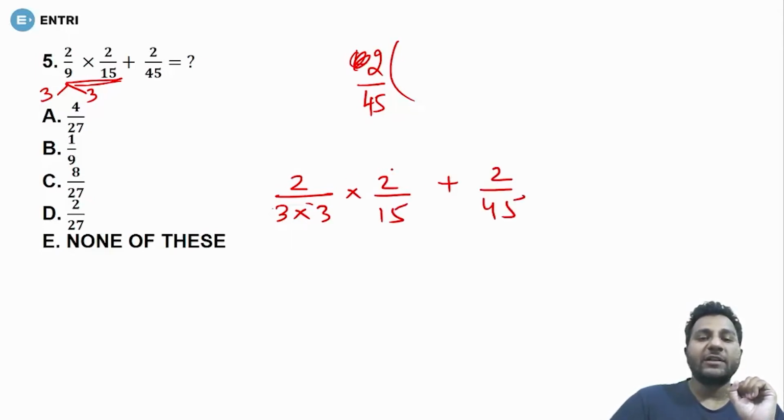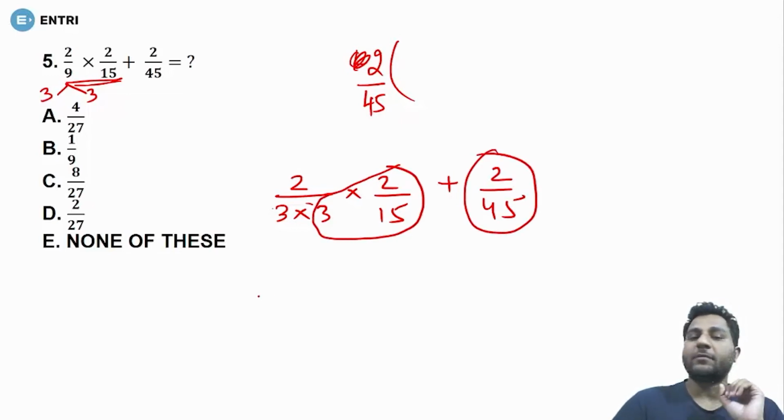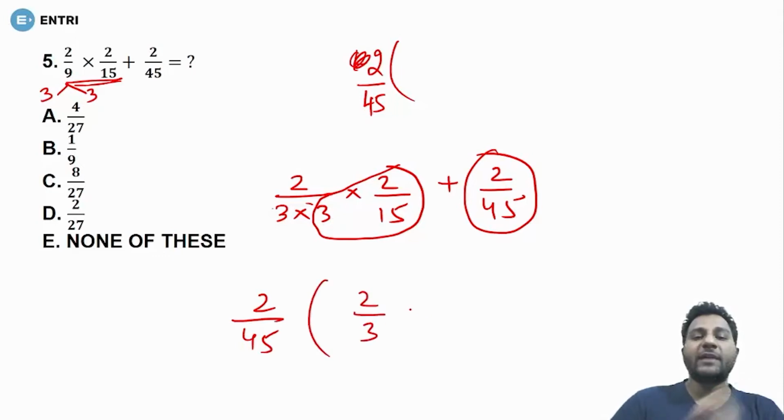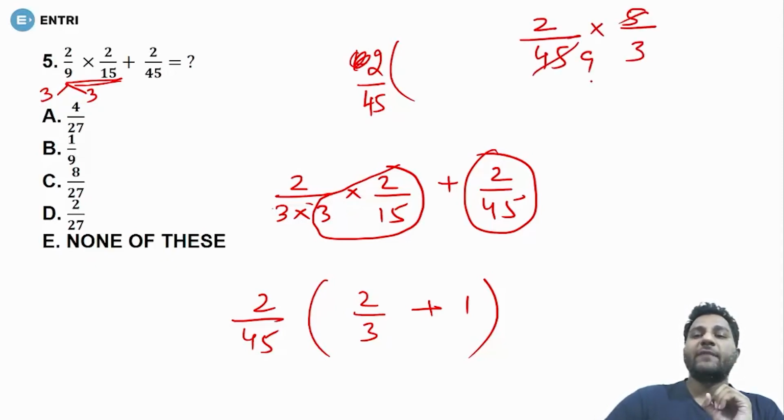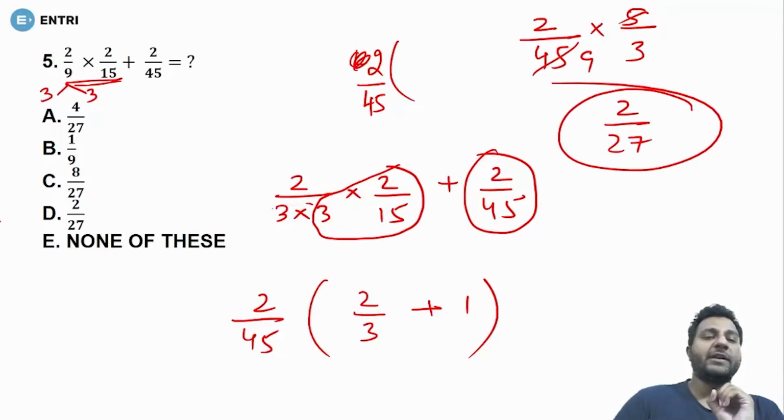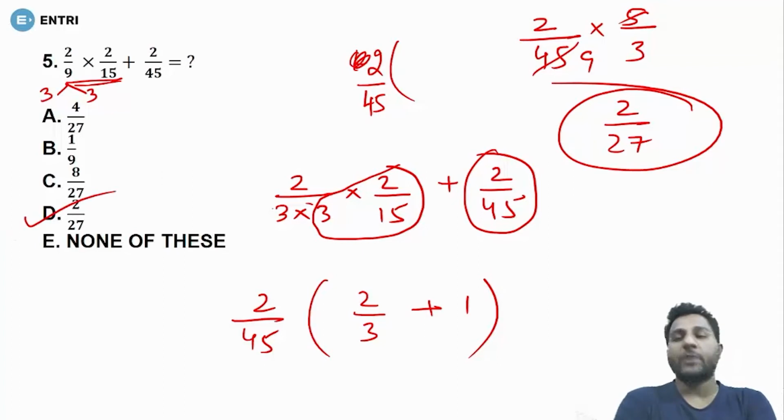So you'll clearly see that 2 by 45 is common in both the terms. That means you have been left with only 2 by 3 plus 1. So the final conclusion arrived as 2 by 45 into 5 by 3. So 5 nines are 45. That means 2 by 27. So it is clear that your option D will be the correct one.